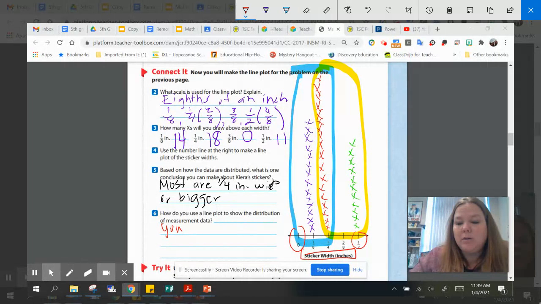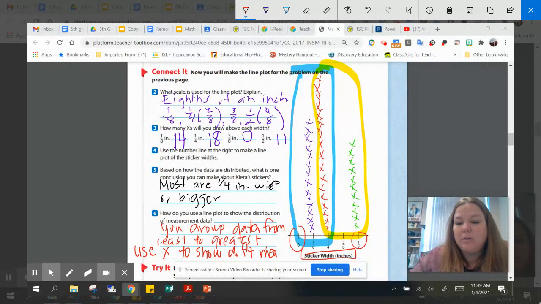So you group data from least to greatest, and you use X's to show the different measures. I'm going to abbreviate different, DIF apostrophe T.